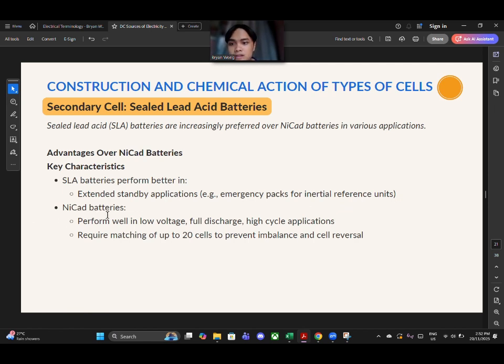Nickel cadmium batteries perform well in low voltage, full discharge and high cycle applications, but require matching up to 20 cells to prevent imbalance and cell reversal. Both have their own advantages and disadvantages.